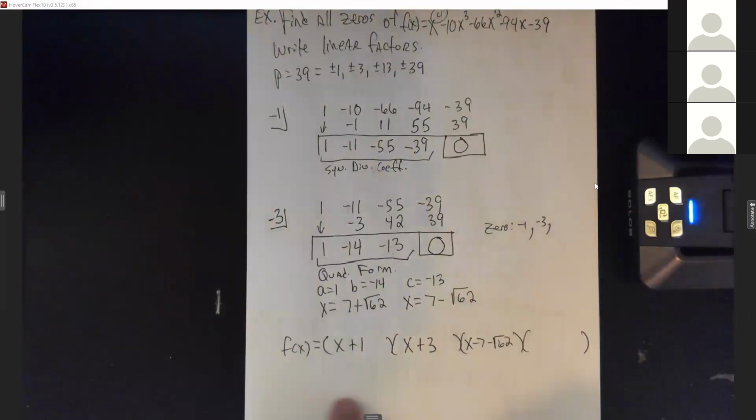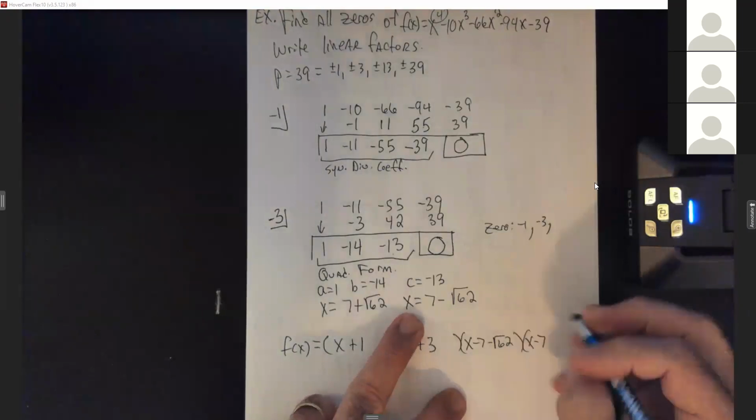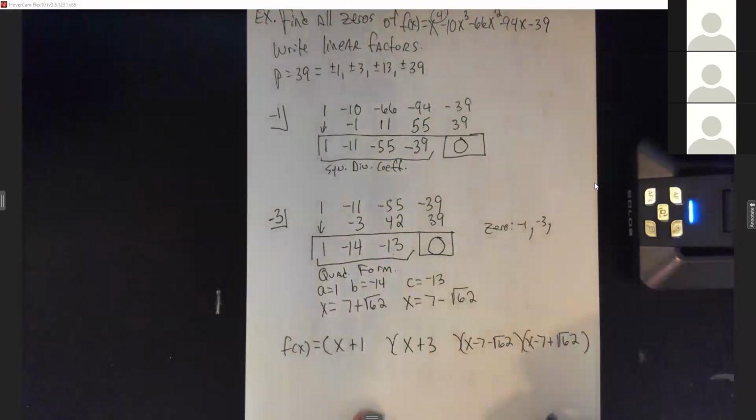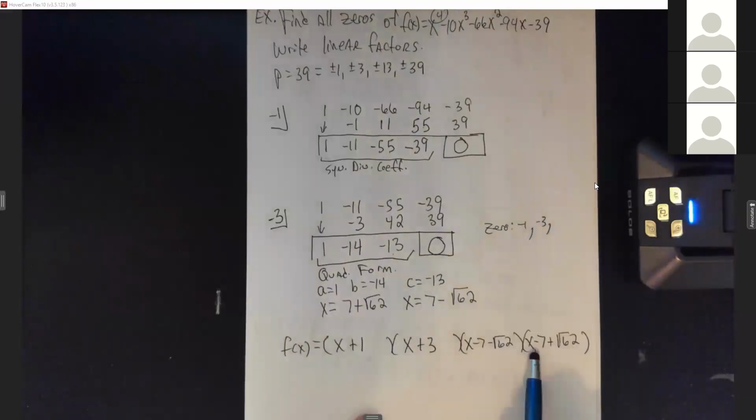And then on this one, that 7 becomes negative, but this radical becomes positive. So I'm changing every sign when I put it down into my linear factors, okay? All right, I'll let y'all write that for a second, and then we can move into the 5.1.